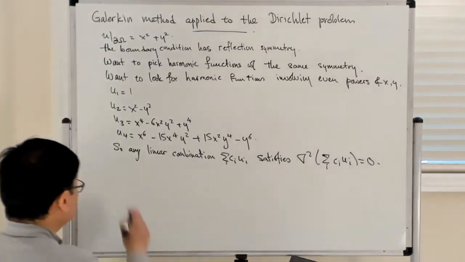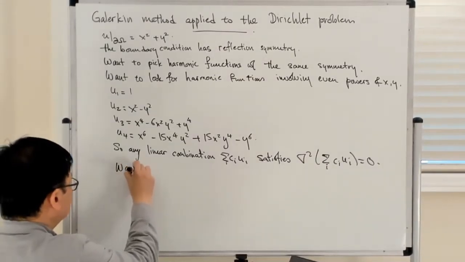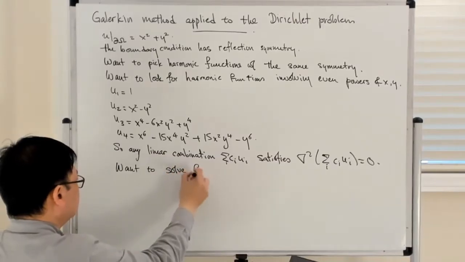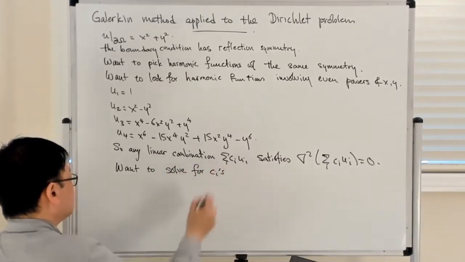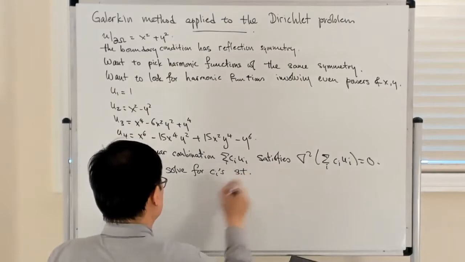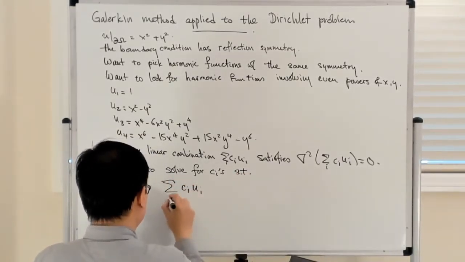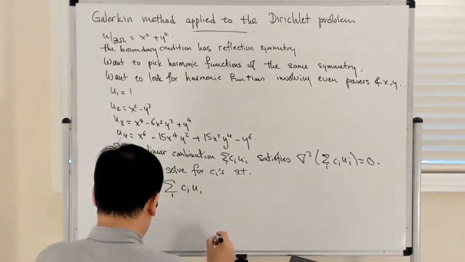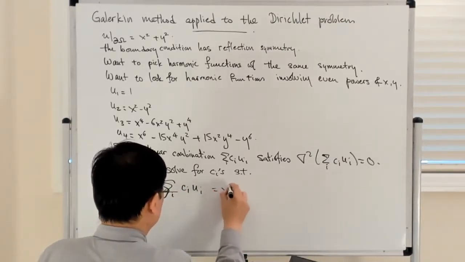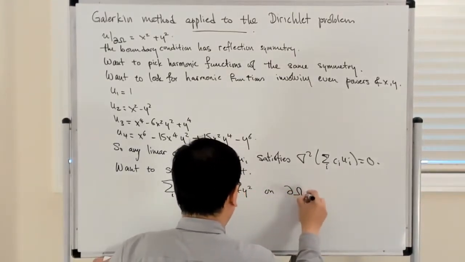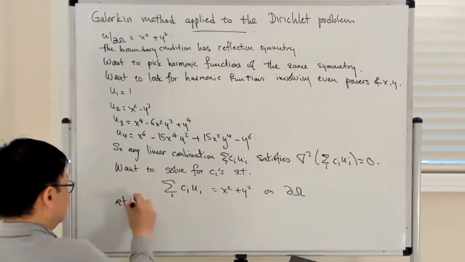Okay, so we want to solve for the ci's such that the sum of ci ui over i is equal to x squared plus y squared on the boundary, at least approximately.